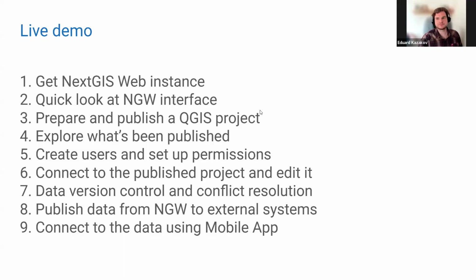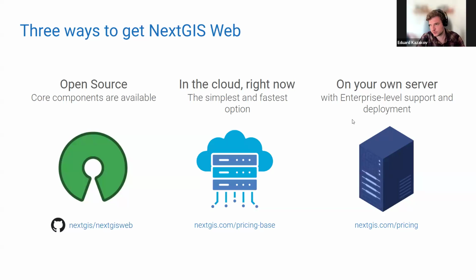So yeah, the first thing we are going to do is deploy this NextGIS Web instance, this server with storage management, user management system, and stuff like that. And you have three options for how to get NextGIS Web.